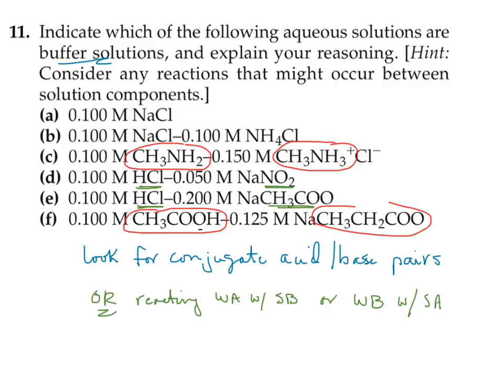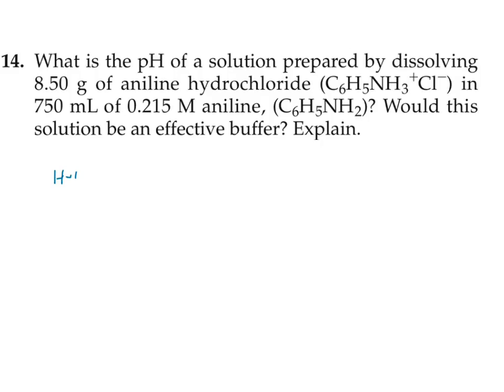But then in green, like we were talking most recently, you can get your conjugate acid-base pairs if you react a strong acid like HCl, in D and E, with a weak base. To me, those look like good candidates. I don't want to do your homework, but that's how I would look at it.